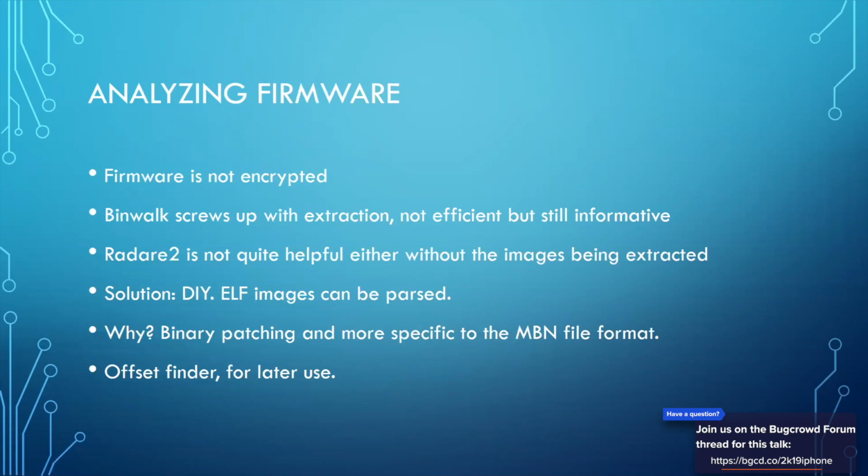So what made analyzing this firmware easier? I used tools such as Binwalk and Radare2, but that wasn't easy at the beginning. What really made it easier to analyze this firmware is that the firmware was not encrypted. Binwalk screwed up with the instruction.